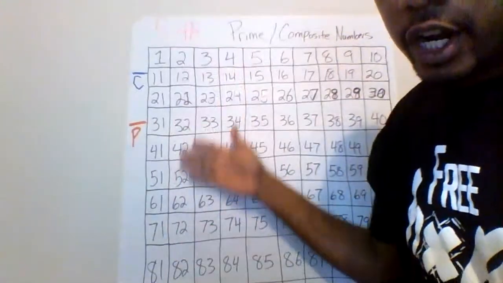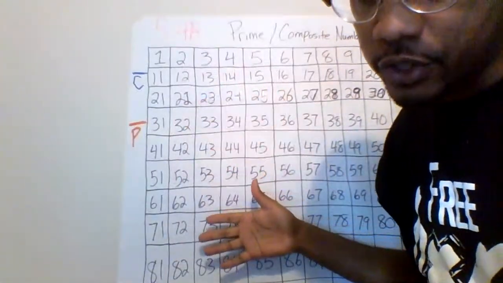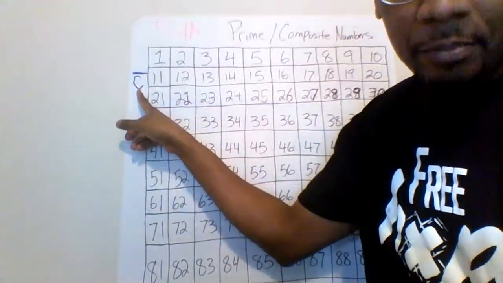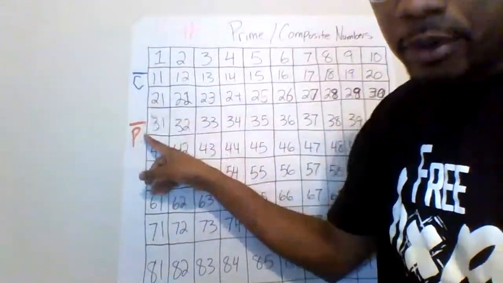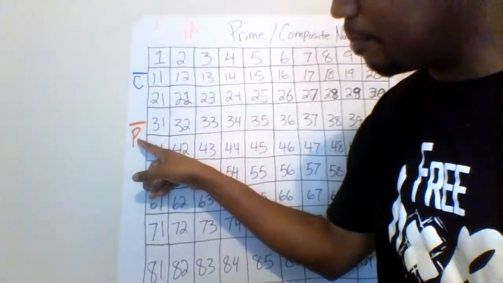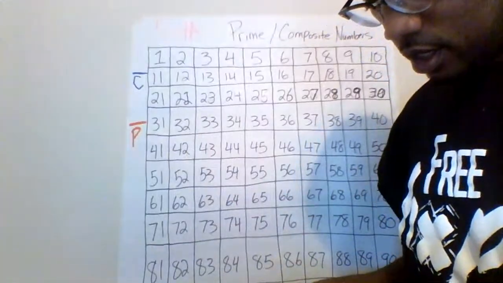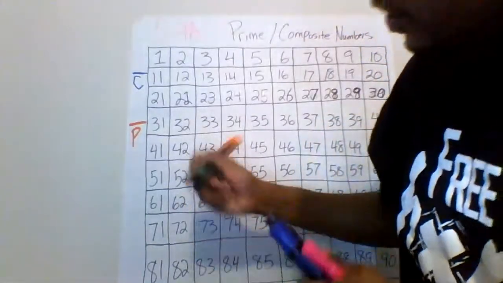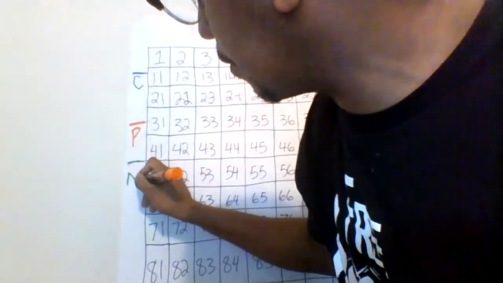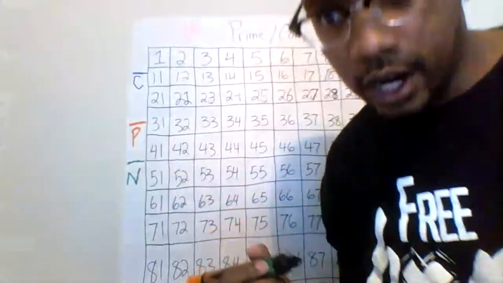In this hundreds grid, I'm going to take every number from 1 to 100. My blue is for composite numbers, my orange is for prime, and my green is for neither.